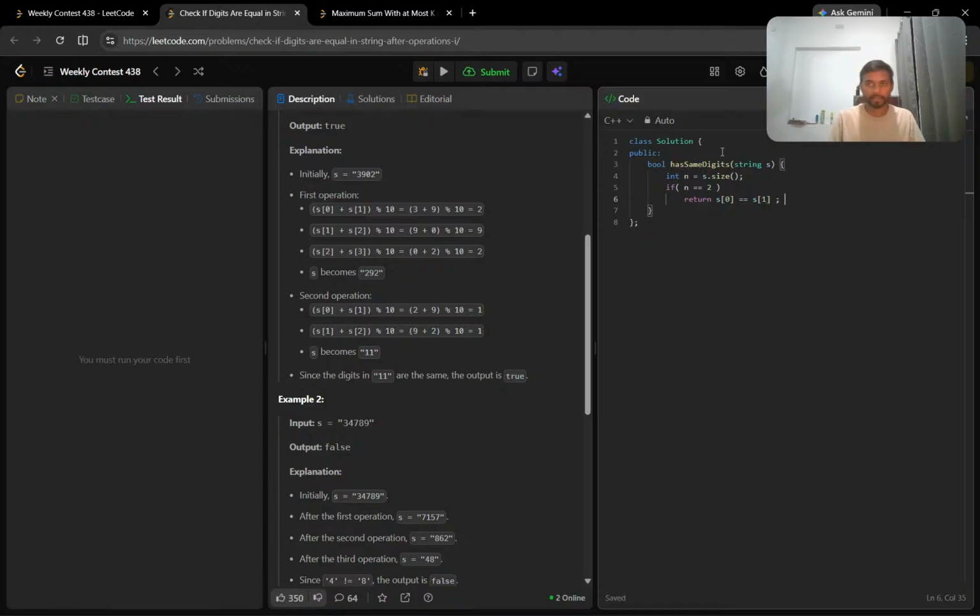Okay, this is done, the first part, and now we have to do the solver part. Return solver. What will we need? We just need two same digits, then s as s.